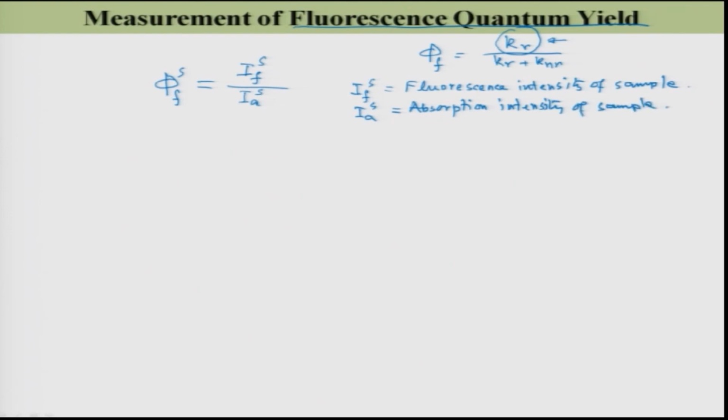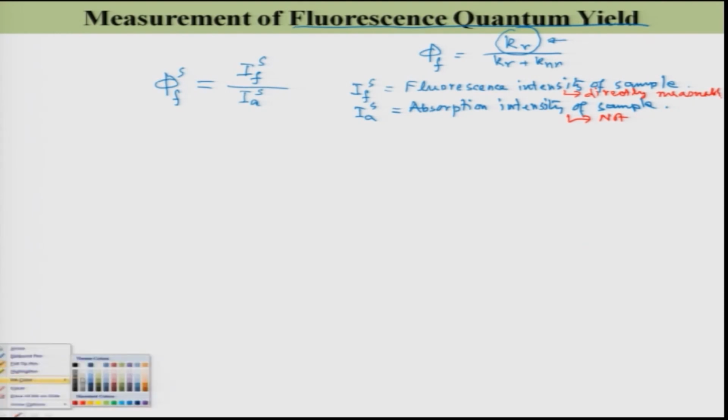Right. So, just to tell you, this one is a directly measurable quantity, but this one is not. Okay. So, then there is a problem, right.